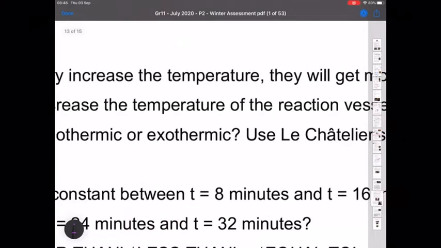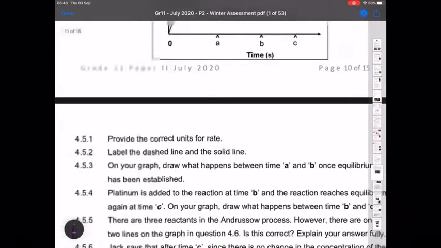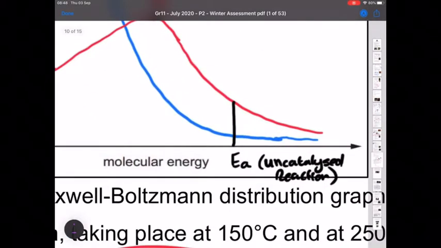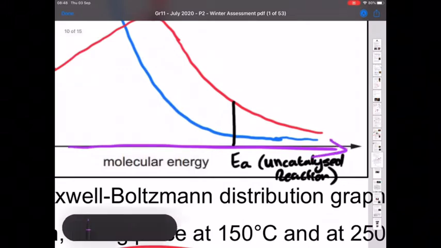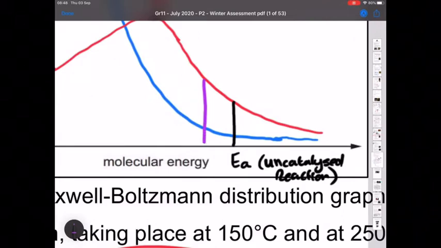So if your activation energy was, my apologies, if your activation energy was where the black line is, it needs to be lower. So this is increasing molecular energy as you're going from left to right, just like any graph axis works. So you need to show then that the activation energy for the catalyzed reaction will be lower.